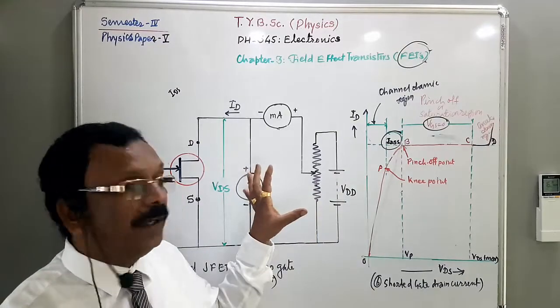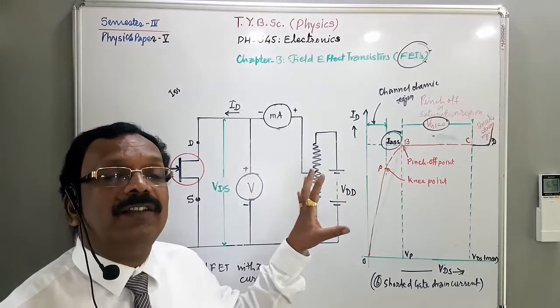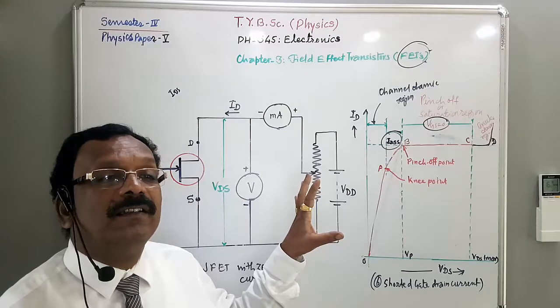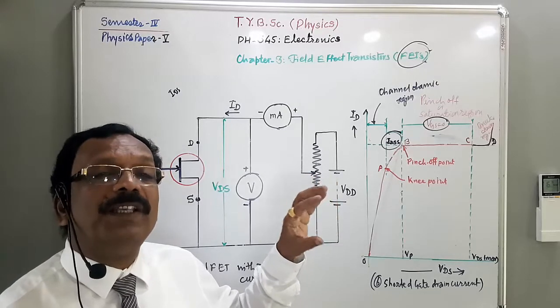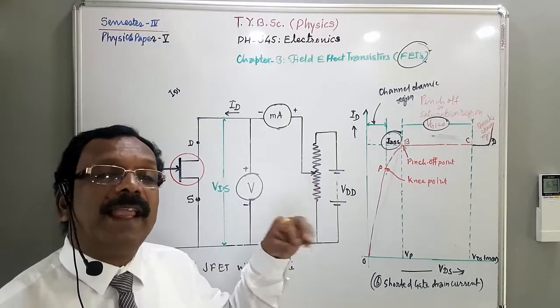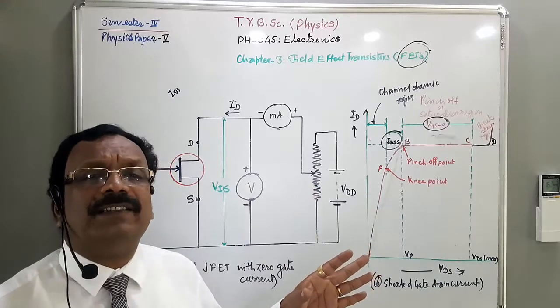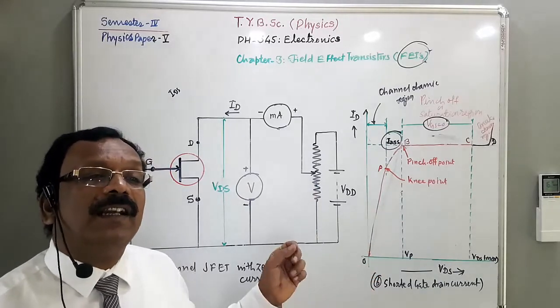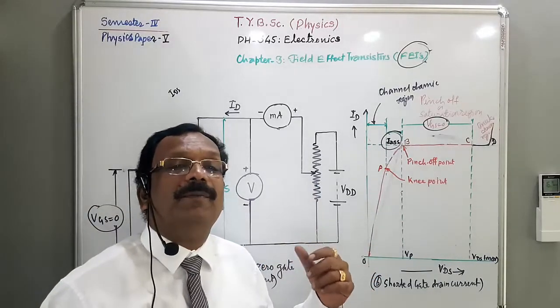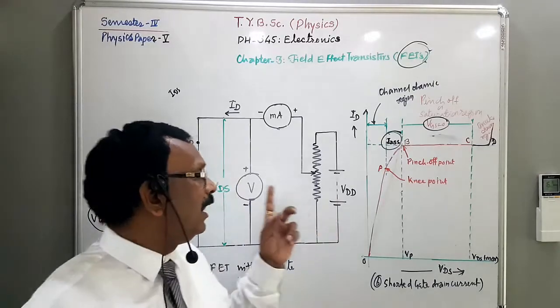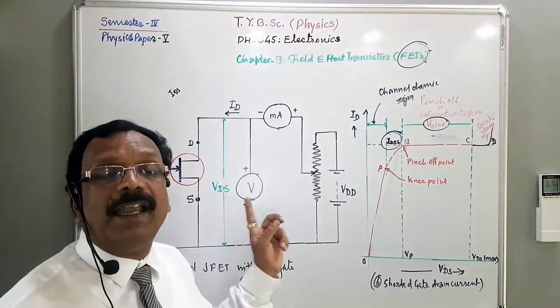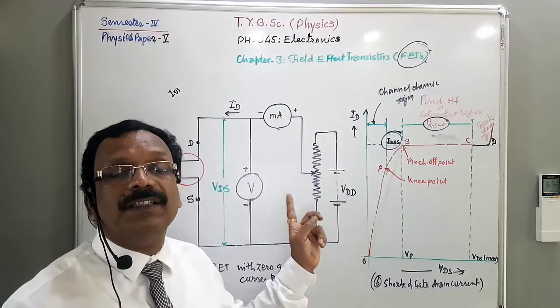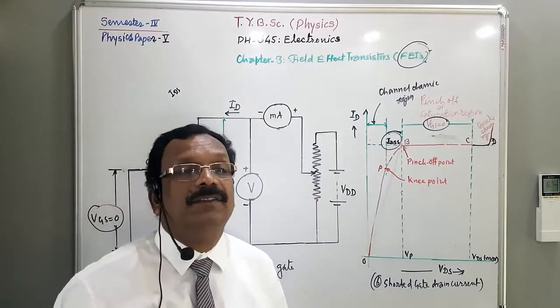And here, the working, construction and operation of P channel JFET is exactly similar to that of N channel JFET, except that current carriers are holes and polarities of the batteries are VGG and VDD instead of VGS and VDS.